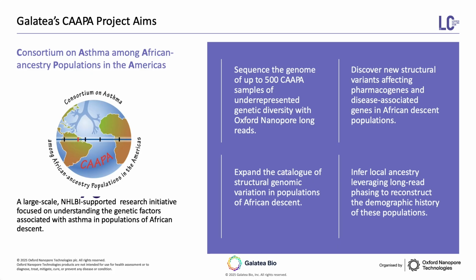So at Galatea, we wanted to enhance the catalog of genetic variation around the world and develop cohorts that can be used for biomedical research. In collaboration with Kathleen and Oxford Nanopore, we started a project to sequence about 500 individuals from the Consortium of Asthma among African ancestry populations in the Americas, an NHLBI project of the last 11 years.